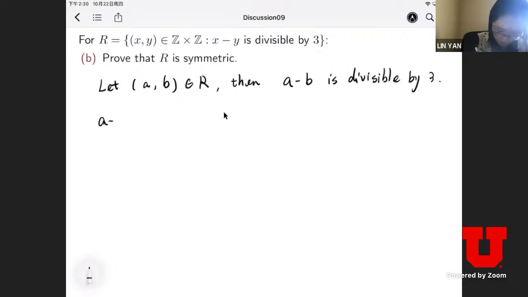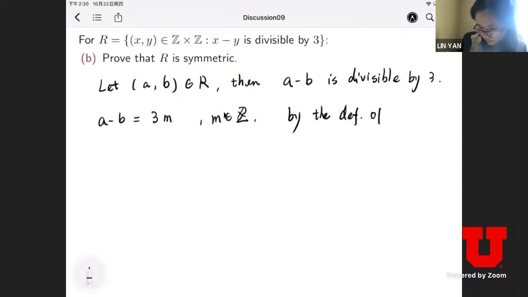Then a minus b is equal to 3m, where m is an integer. This is by the definition of divisibility.